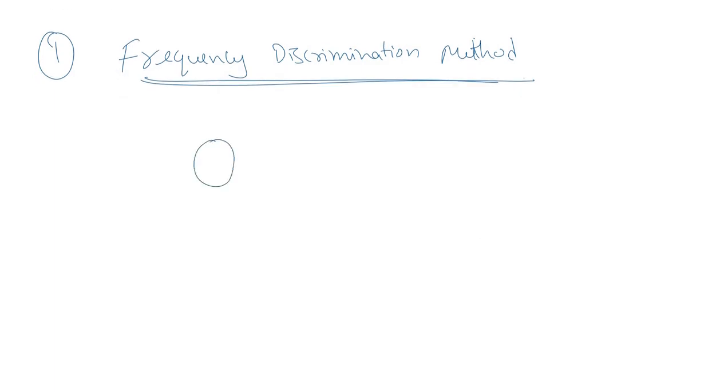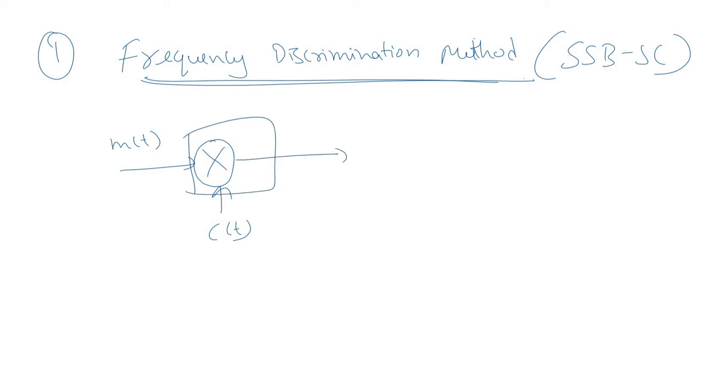The very first step in the frequency discrimination method to generate an SSB-SC signal is multiplication of the message and the carrier with a suitable multiplier, which can be your balanced modulator or ring modulator.